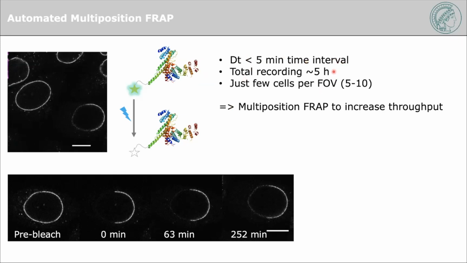Given the cell size, the density we want, and the objective we have for these measurements, we could measure 5 or maximally 10 cells in a field of view. So ideally, we would like to do it in several positions and only record the area we are interested in. That is the reason why we use the same tools to do a multi-position FRAP experiment.